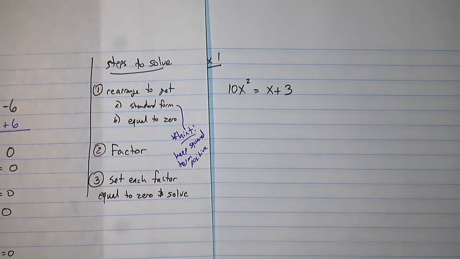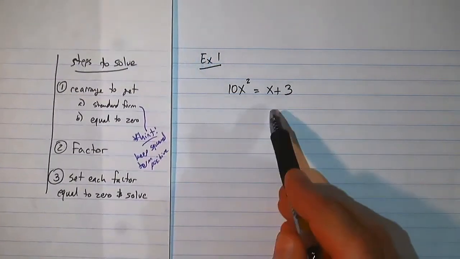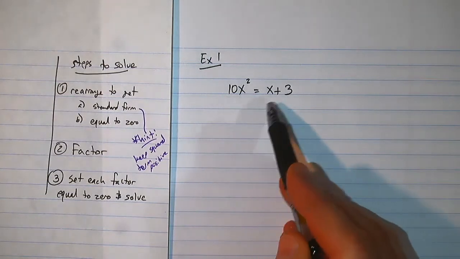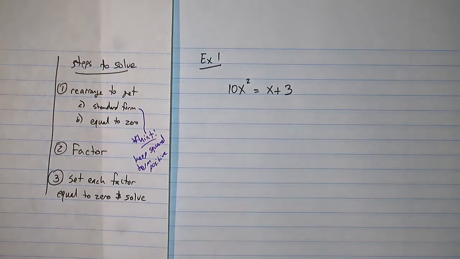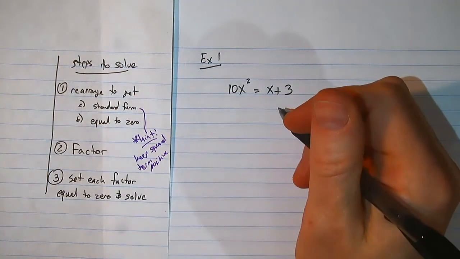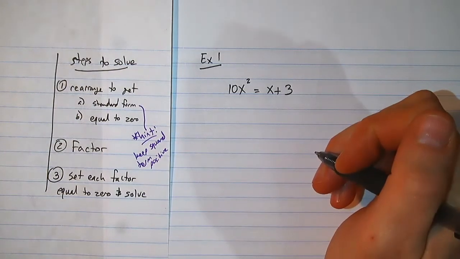It's always easier to factor when the squared term is positive. So in this particular case, I could subtract 10x squared from both sides and move that over here. But then my 10 would be a negative number, and that's going to make it harder to factor. In fact, most people just simply get it wrong if their leading term is negative.